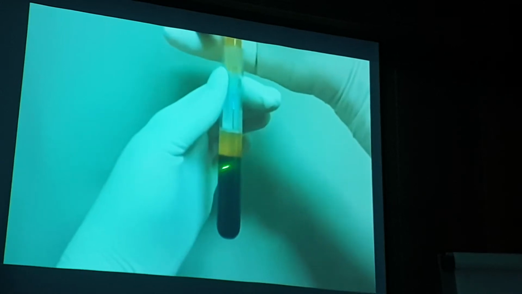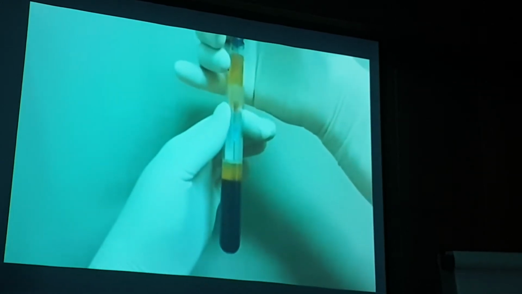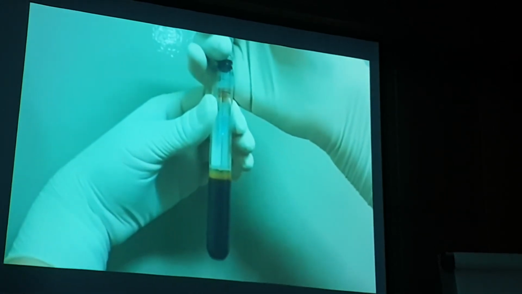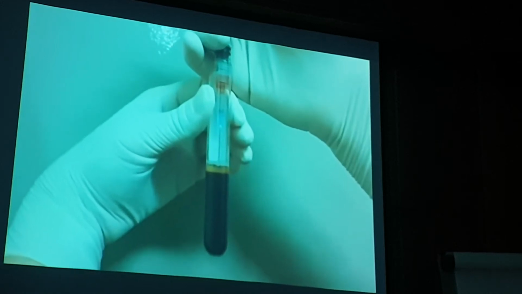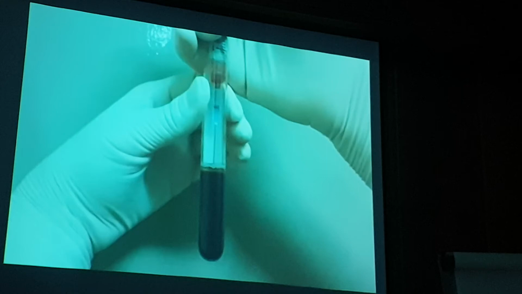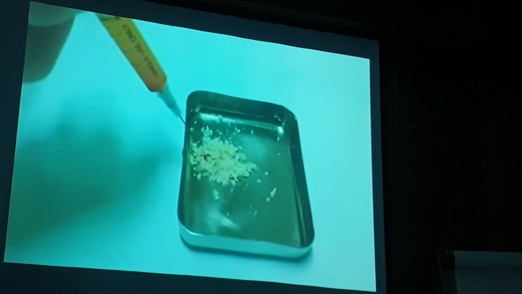No red though. The needle is not down in this red zone. It's only within the yellow zone. Very simple procedure. 3 minutes spin. Take it out, draw off the yellow fluid portion, and then use that fluid portion to hydrate the graft materials. All the live cells.